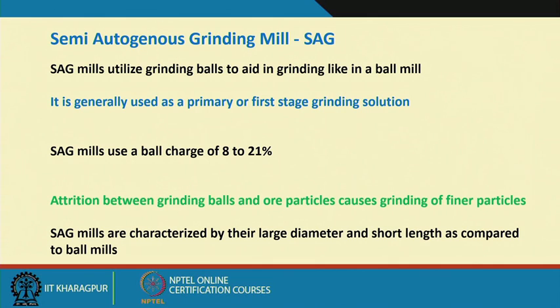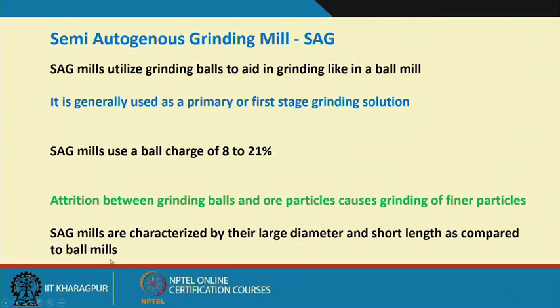So, what will happen if the distance between your toe and the break point is much higher? The impact of the particle when it falls, that is when it goes away from its circular path and follows a parabolic path and hits the toe region, will be more on the particles. So, if I have a very large diameter mill, I can promote this impact breakage, and even the cascading action will be much more prolonged.